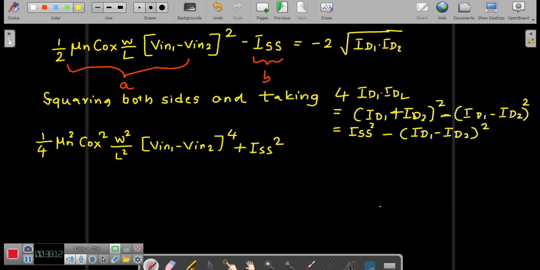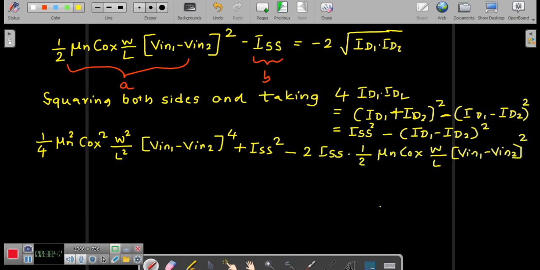So now you have the values to be taken similar to the expansion of that equation, right? So this square plus this square minus 2 into ISS into half mu n Cox W by L into (Vin1 minus Vin2) whole square.